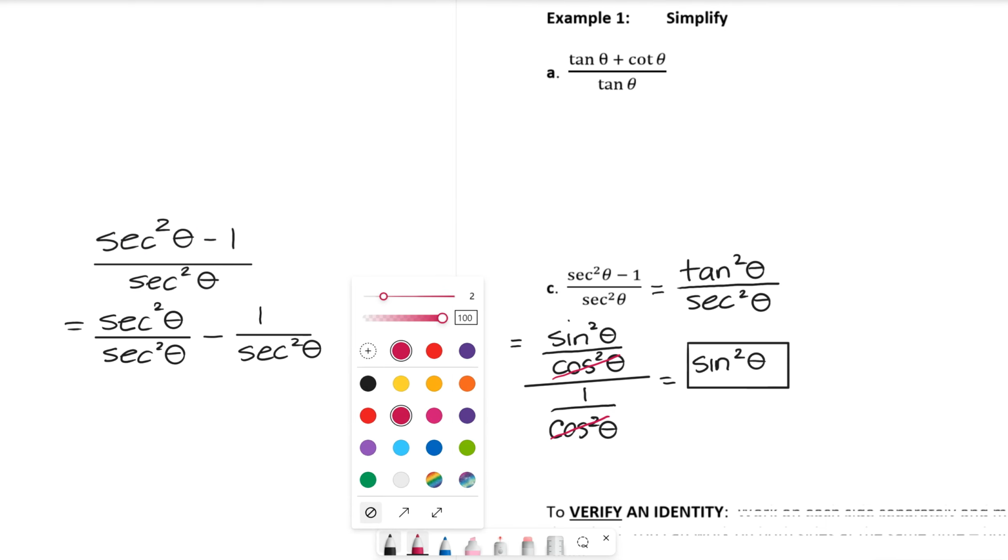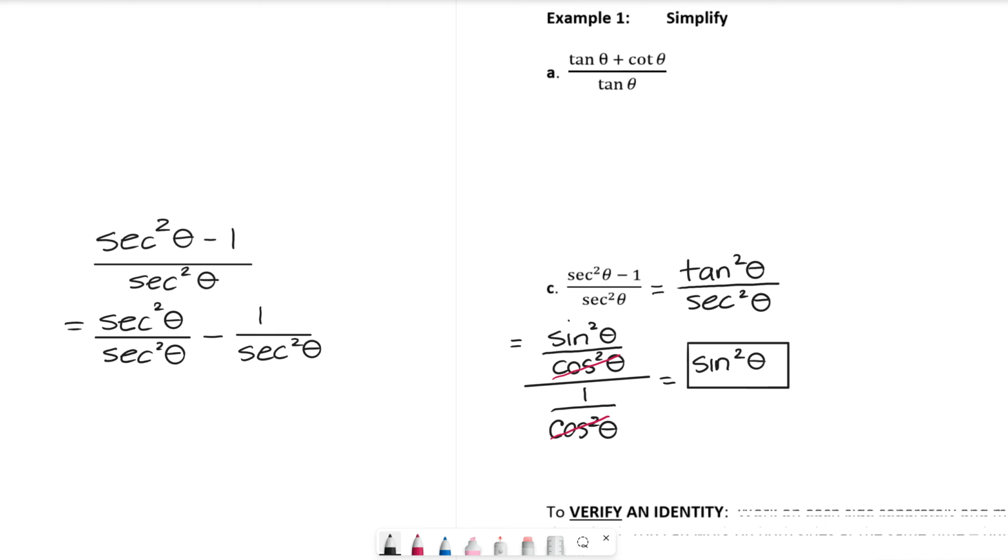So if I come back and I simplify secant squared theta over secant squared theta, that's going to be a 1. 1 divided by secant squared theta, well, we know 1 over secant is cosine theta. Make sure you have your formula chart handy. So 1 over secant squared theta is 1 over cosine squared theta.